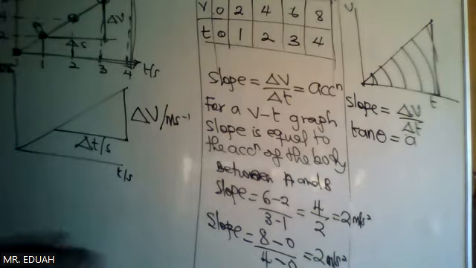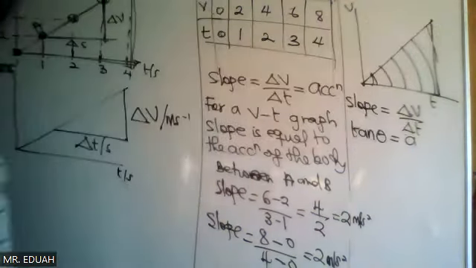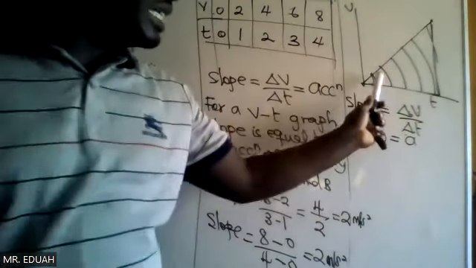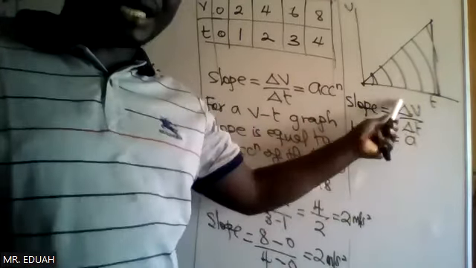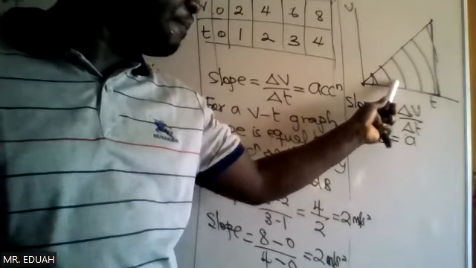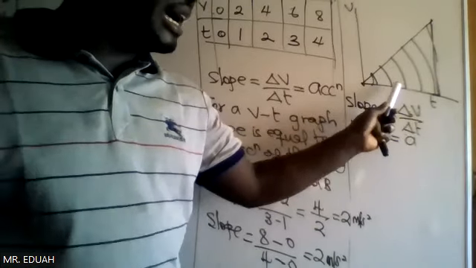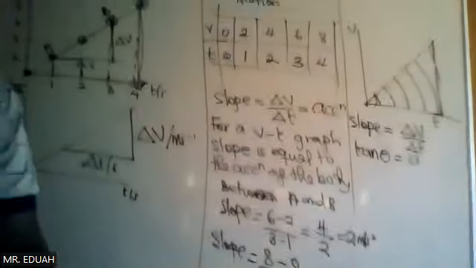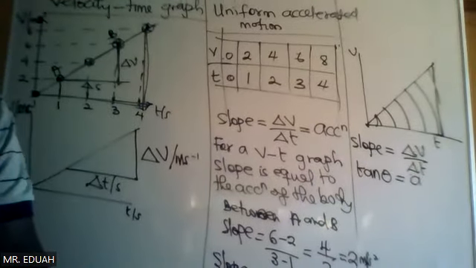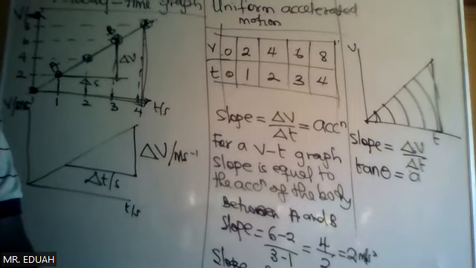Okay. So because theta is constant, and theta is the angle, is the slope, then we can say that this is uniform accelerated motion, just as we spoke about earlier.